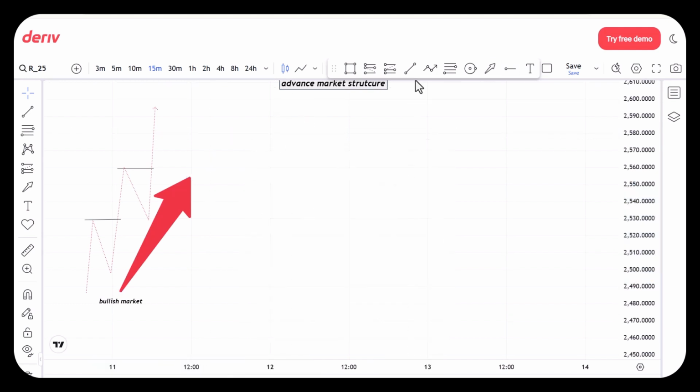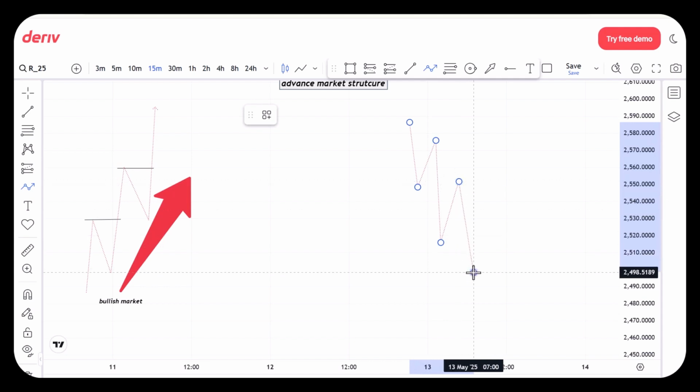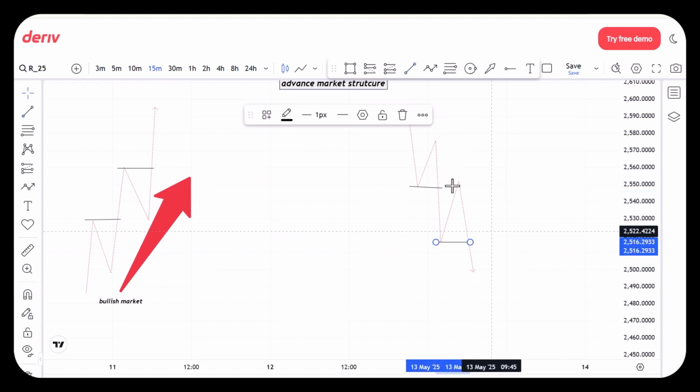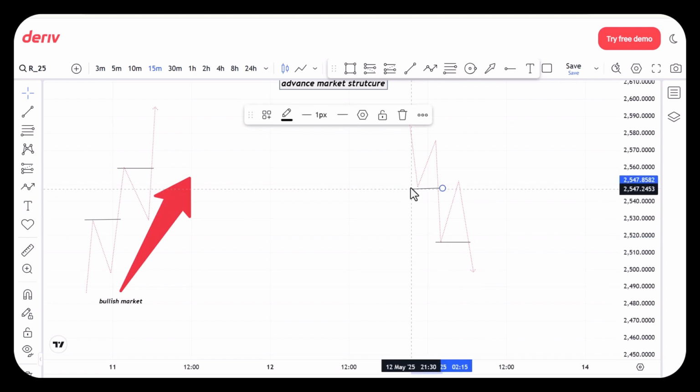But in a situation whereby we have a market that came from a high to a low, to a lower high, to a lower low, to a lower high, to a lower low, and we are able to identify a continuous break of structure to the downward direction, we say that such a market is known as a bearish market.